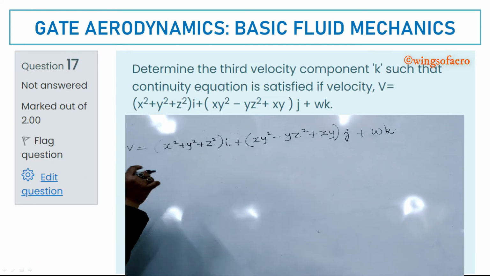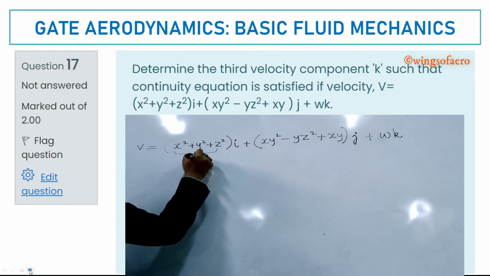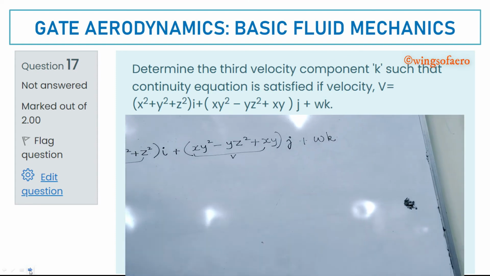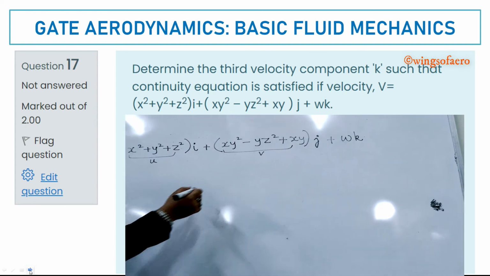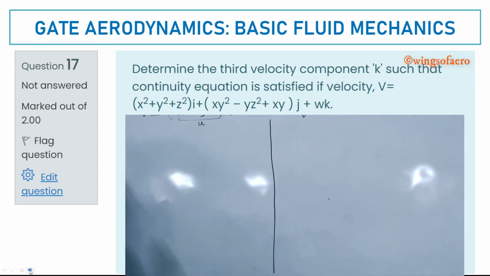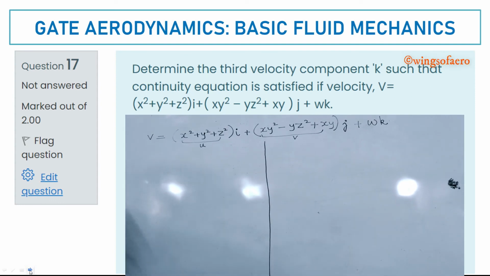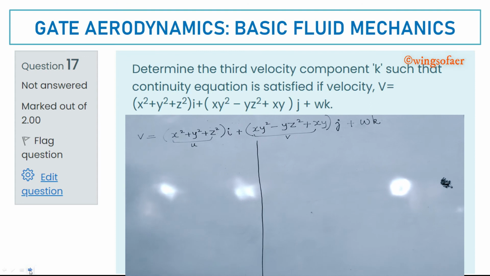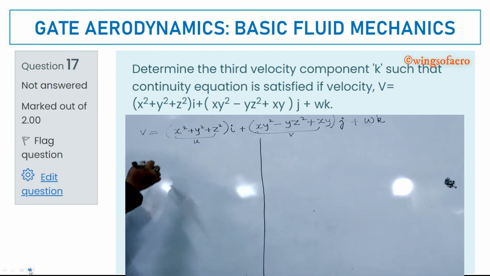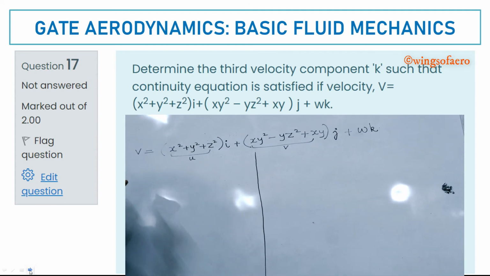Now in this question, they have given the u component and the v component, and from that we have to find the third component. First I will split the problem. They have also stated that it is an incompressible fluid. Whenever they mention the word incompressible, you have to use the continuity equation.